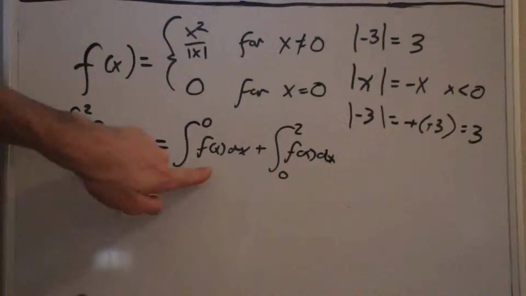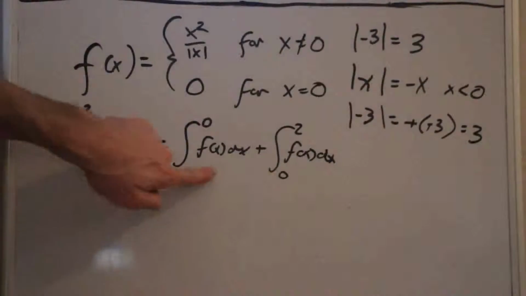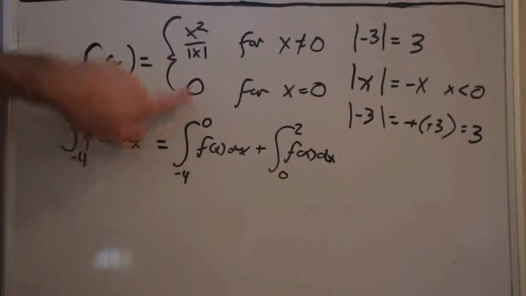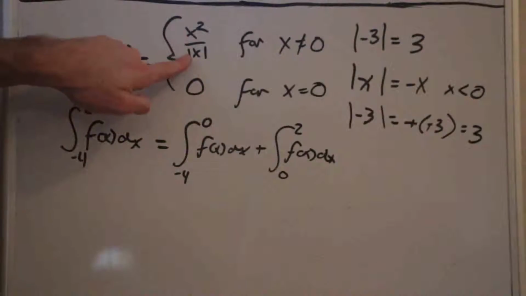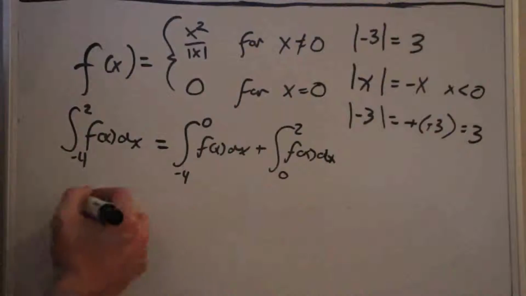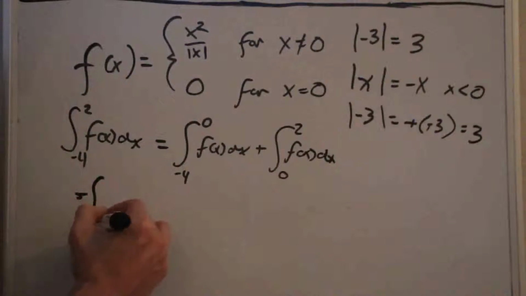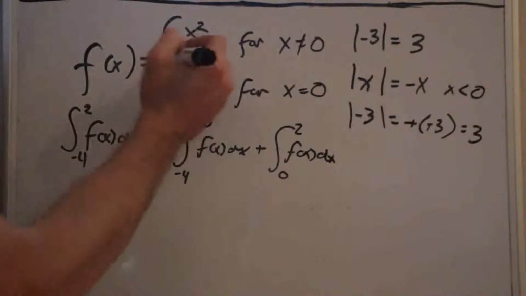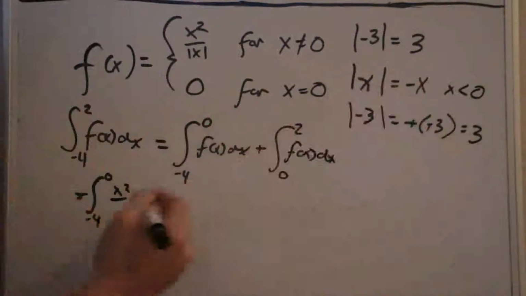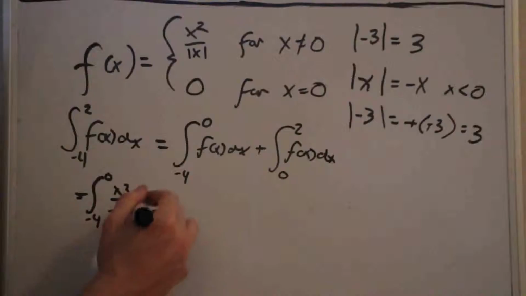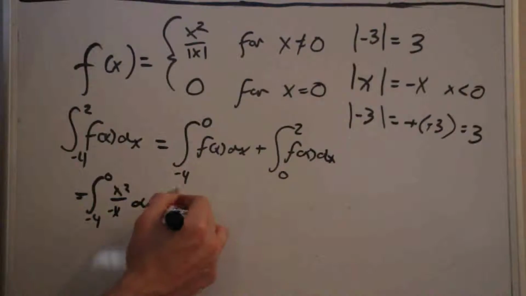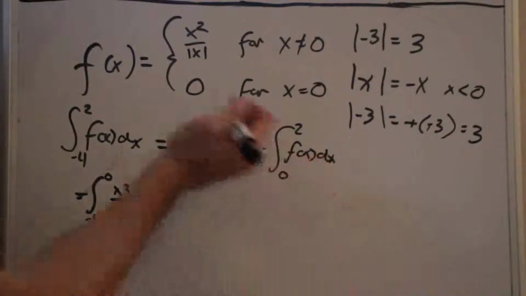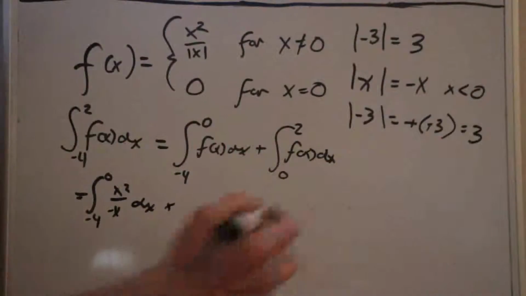So for this integral, since I'm only operating in my negative region, I'll turn this x squared over absolute value of x, from -4 to 0, into x squared over -x dx, because the absolute value of x equals -x there. Plus, now let's talk about when x is positive.